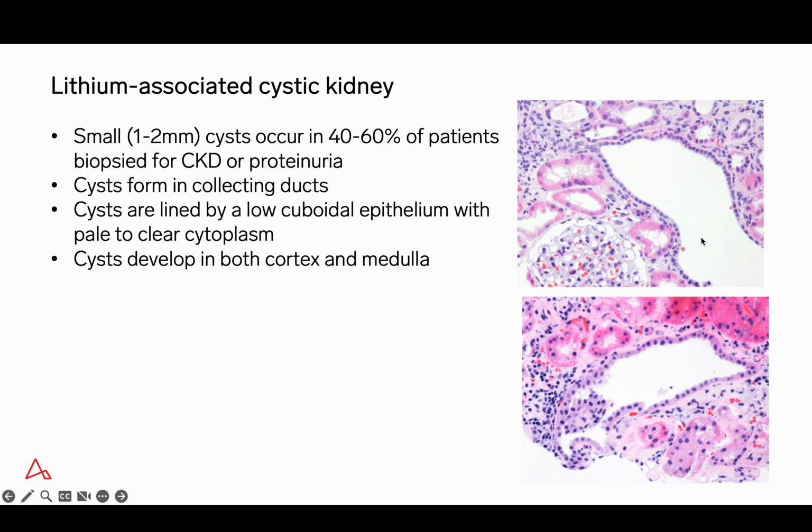The cysts are confined to the collecting ducts, thus they are present both in cortex and medulla. The cysts themselves have no cytologic atypia, and although renal neoplasms may be increased in incidence in patients on lithium, the lithium cysts themselves show no cytologic atypia or evidence of them representing a precursor lesion.